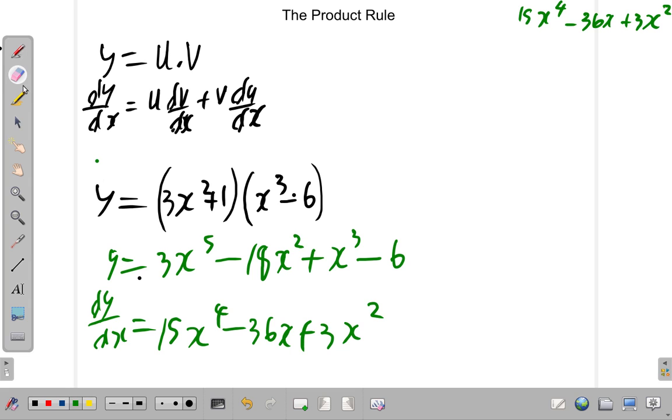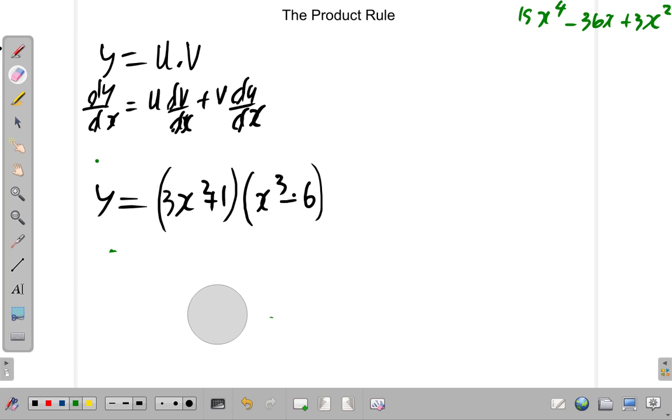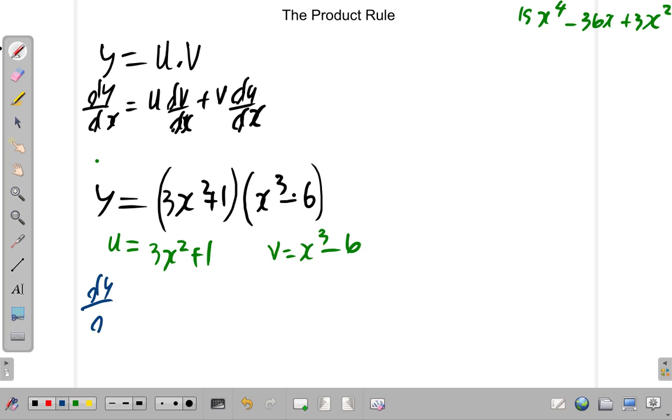Now let's use the product rule instead of multiplying them out. So, suppose we say u is equal to 3x squared plus 1 and v is equal to x cubed minus 6. What do we have? dy by dx is equal to, let's hold u, 3x squared plus 1 multiplied by dv by dx.